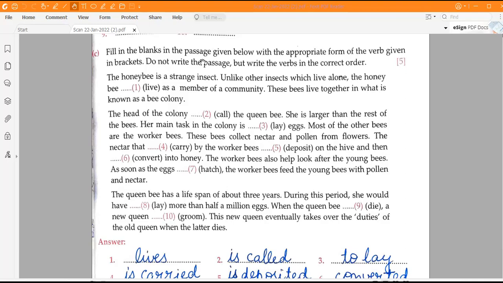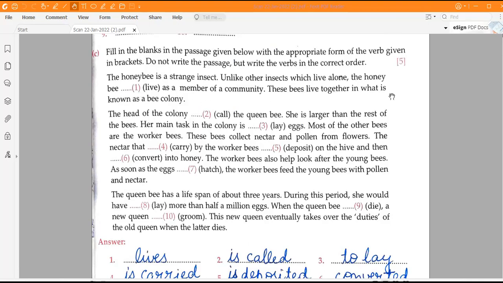Fill in the blanks in the passage given below with the appropriate form of verb given in brackets. Do not write the passage, but write the verbs in the correct order. The honeybee is a strange insect. Unlike other insects which live alone, the honeybee lives. The answer to the first blank is lives as a member of a community.